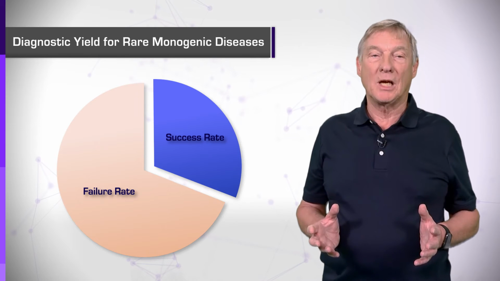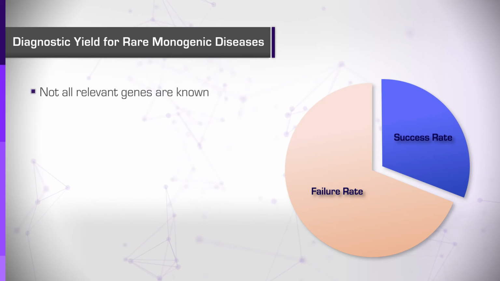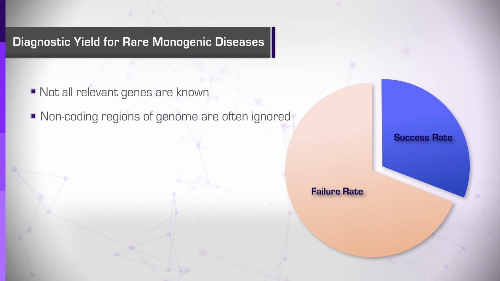There are many reasons for non-success. First, the mutation may lie in a gene not currently known to be associated with the symptoms. New genes are continuously being added to the monogenic disease lists. Second, most pipelines use sequence data for only coding regions of genes. Thus, mutations that affect, say, chromatin structure, or even just gene expression, may often not be covered.